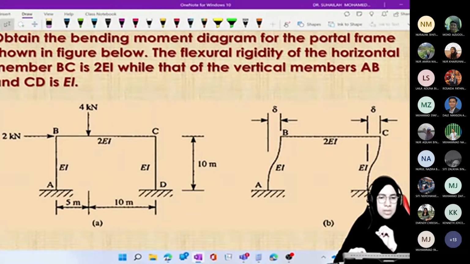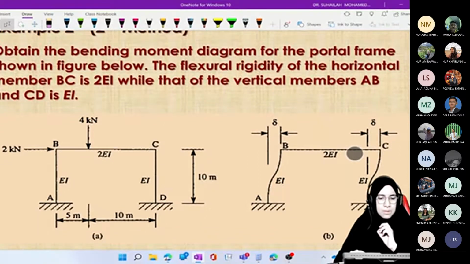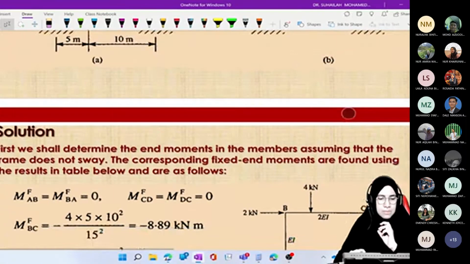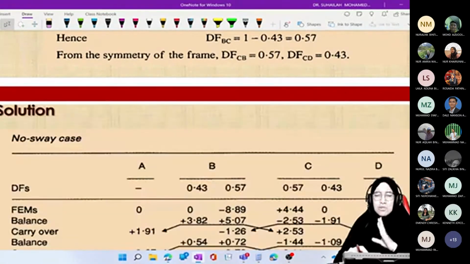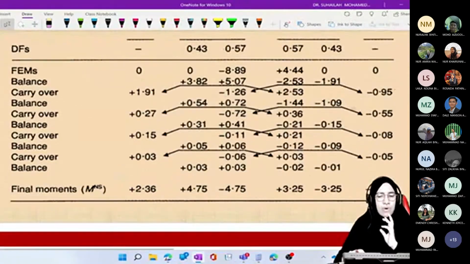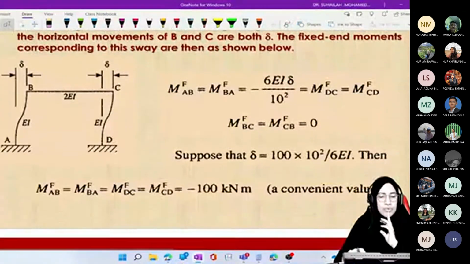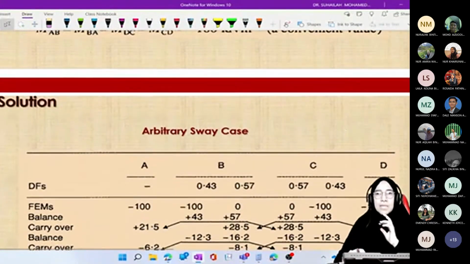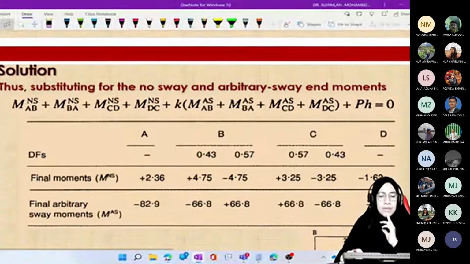Kita nak tengok another example. This one. Ada soalan apa-apa tak nak tanya before we move? Kejap lagi kita buat satu example yang full punya. Kalau sempat tak sempat nanti saya akan habiskan dalam sesi video lah, recording.